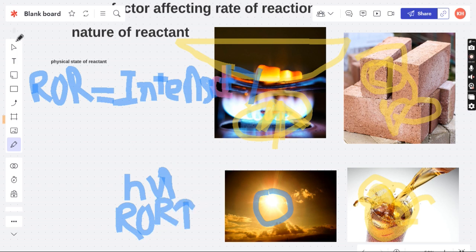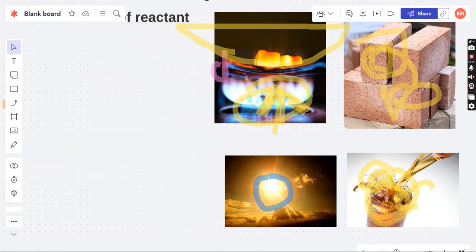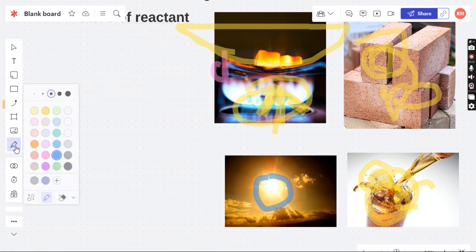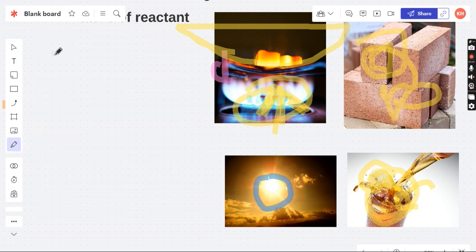If we talk about the next factor, which is temperature, this is a main factor that we'll be discussing in detail as well. Temperature matters the most. The rate of reaction is directly proportional to temperature, but it varies with temperature.